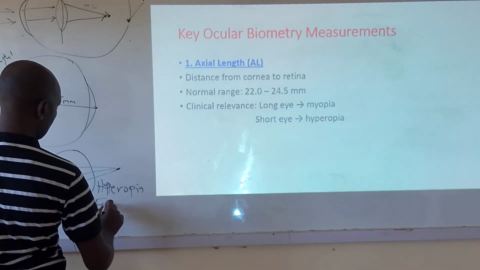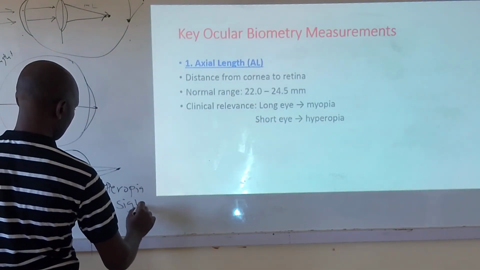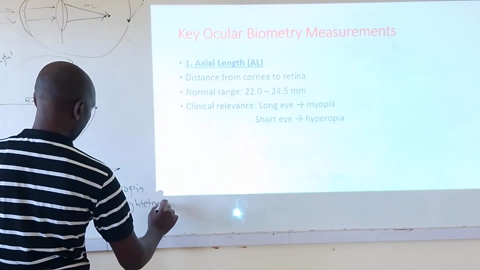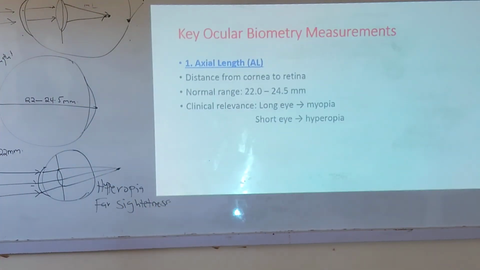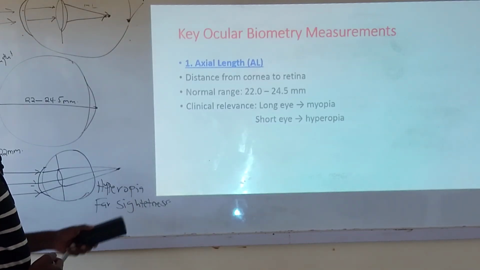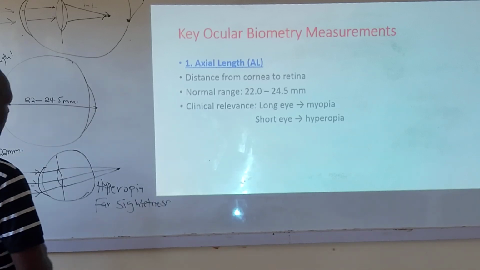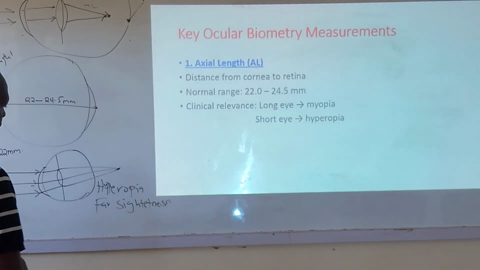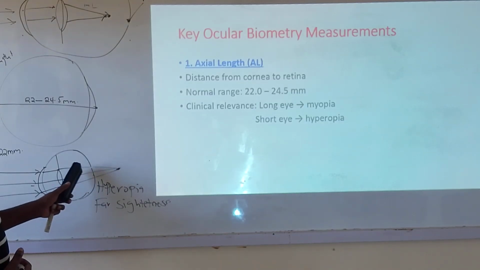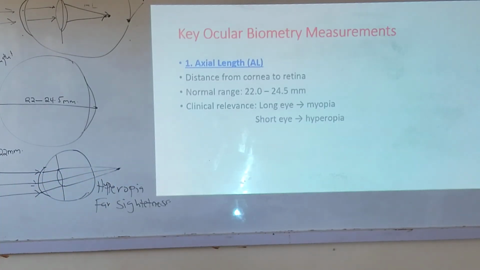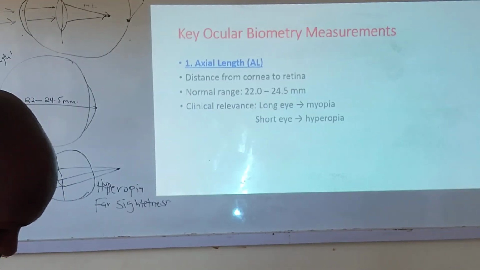Hyperopia means farsightedness, meaning these people cannot see objects that are near. They see objects that are far when compared to the objects that are near to the eyeball. So it is basically the opposite of myopia.